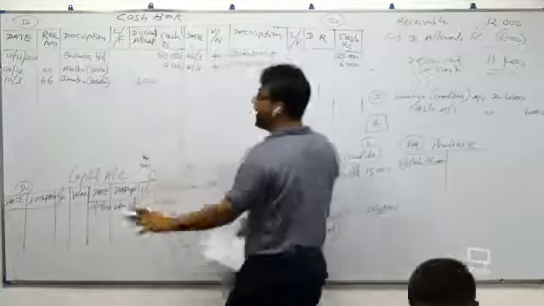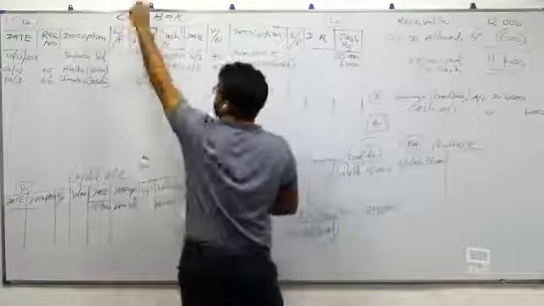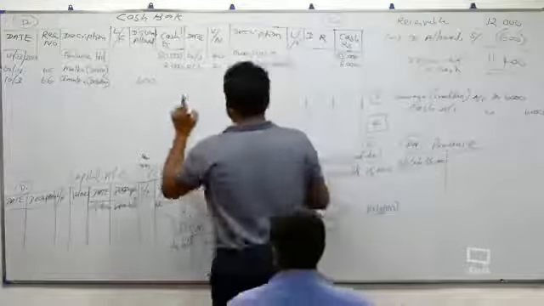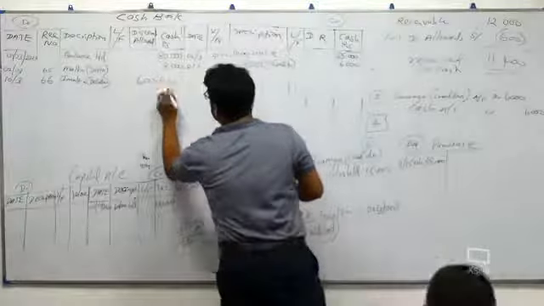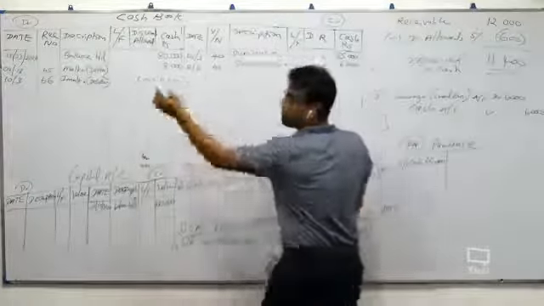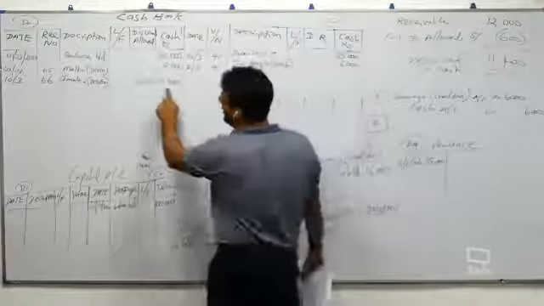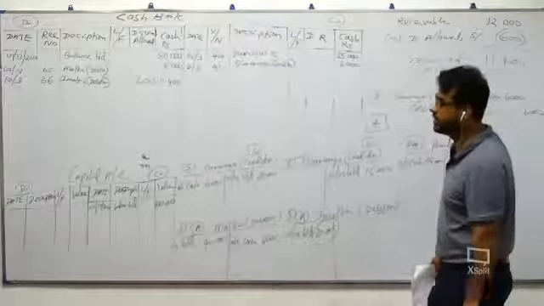So if anyone asks what is the prime entry book for discount allowed, say it's the cash book. The cash book is the prime entry book for discount allowed. Then how much money did we collect? 11,400. The total settlement is 12,000, but cash received is only 11,400.